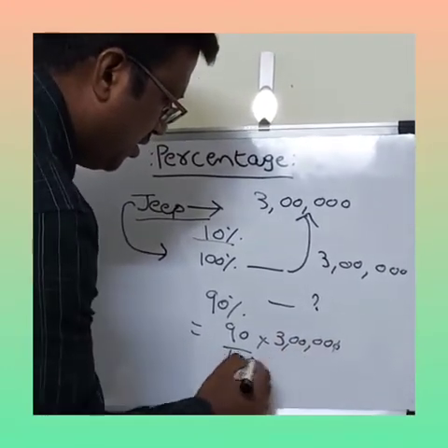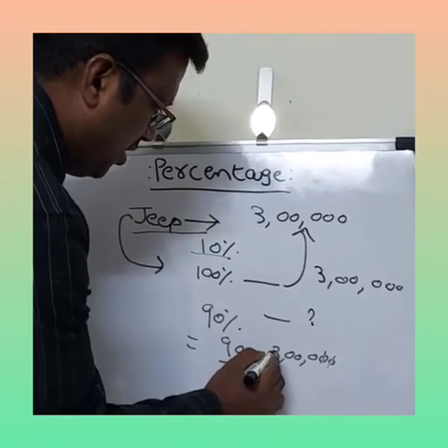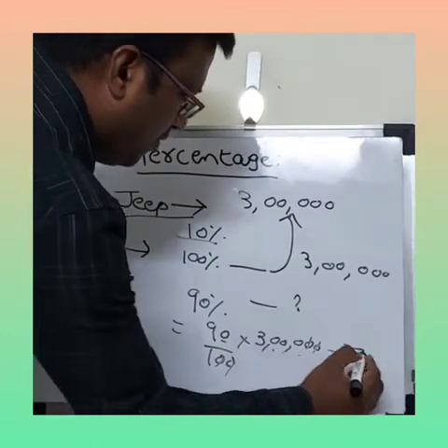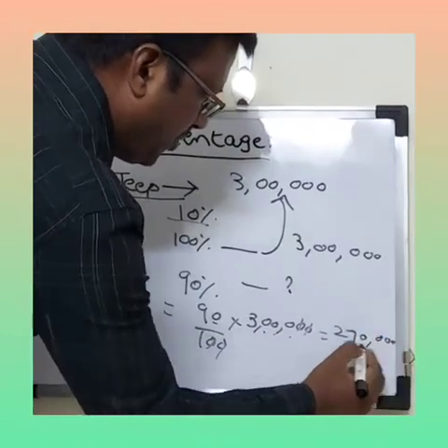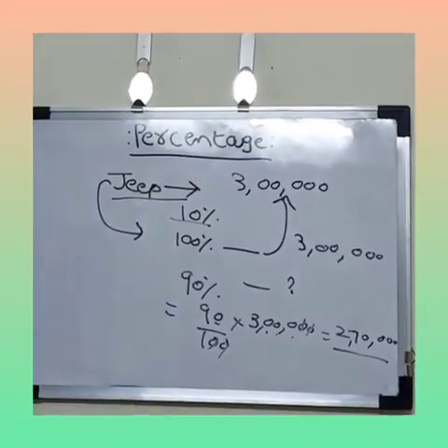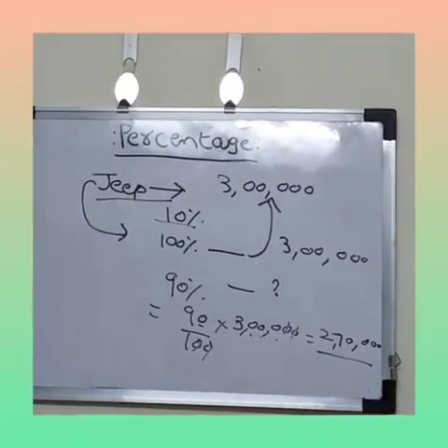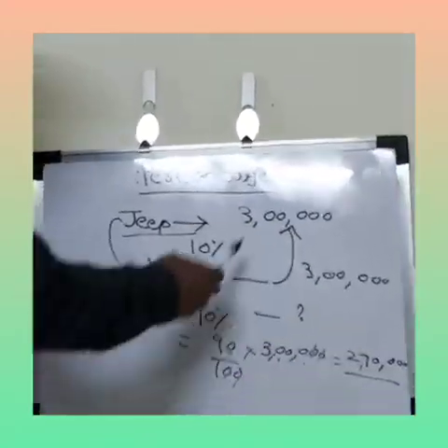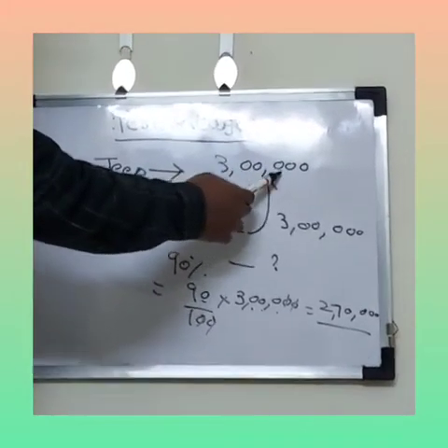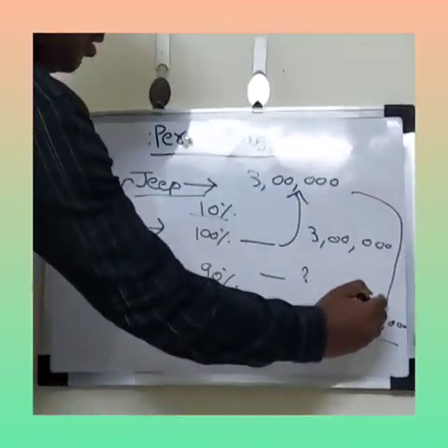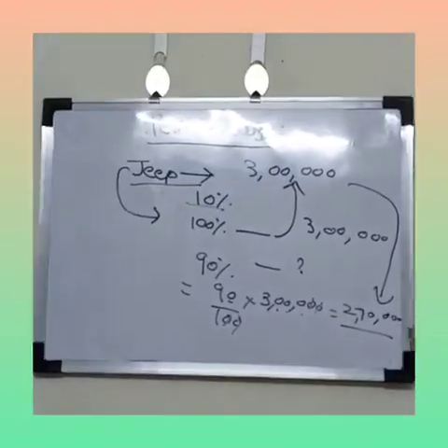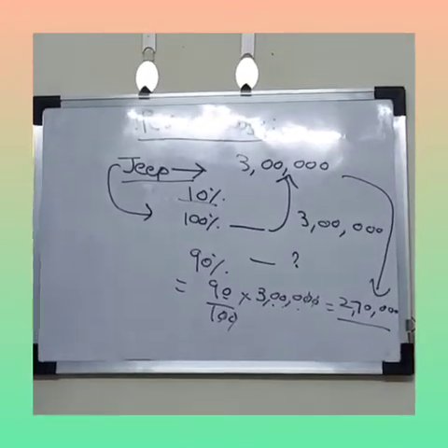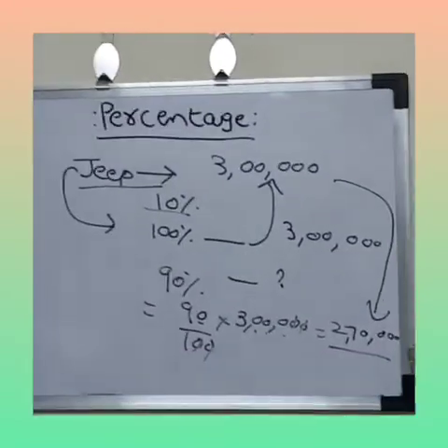The zeros cancel. 9 threes are 27, and then the zeros, 1, 2, 3, 4. So 2,70,000 is the new price of the Jeep. What is the other way? 10% is reduced. The 10% of 3 lakhs is 30,000. Directly subtract 30,000 from 3 lakhs and you get 2,70,000 rupees. The problem looks very simple, but it is up to us how quickly we can solve it.